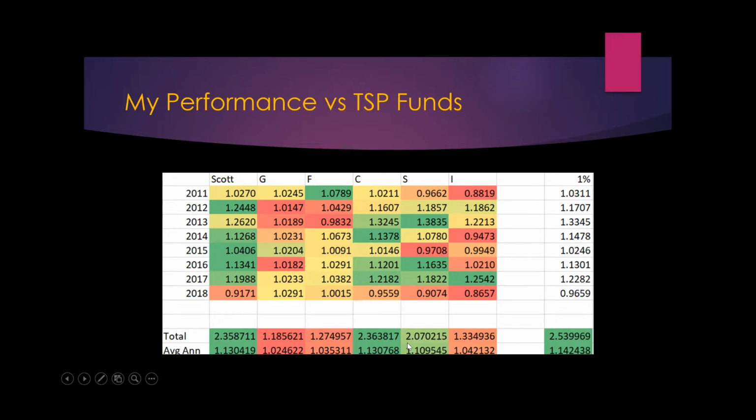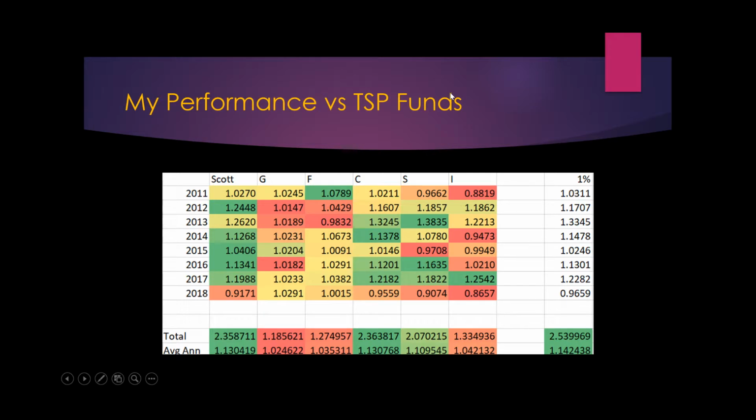So in actually just an 8-year period from 2011 to 2018, the C fund had a 236.38% increase in value over that time frame. And in terms of average compounded return, that's 13.08%, or roughly.